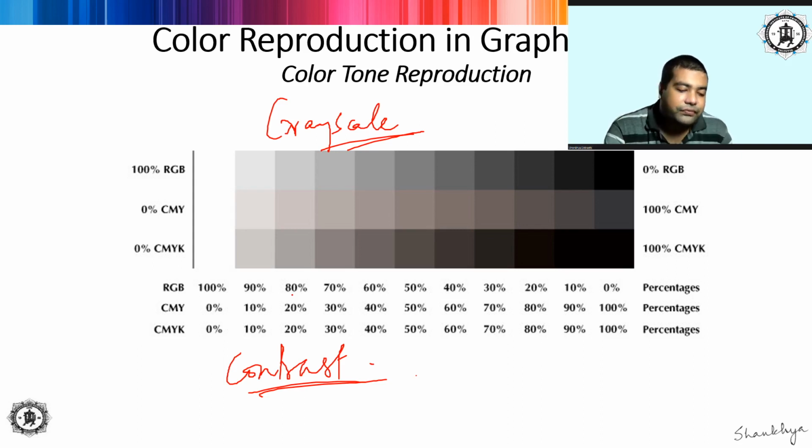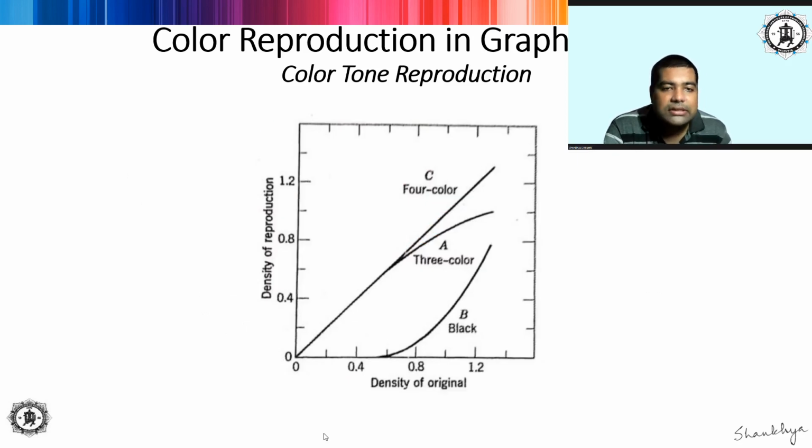Okay. Now, considering this particular condition to be fulfilled, how to analyze whether the grayscale has been reproduced as the same grayscale in the reproduction also? For that again we need to go back to our graphical analysis of the reproduction. So how can it be done? So I'll give you this image. Although this is an ideal situation, basically this never happens.